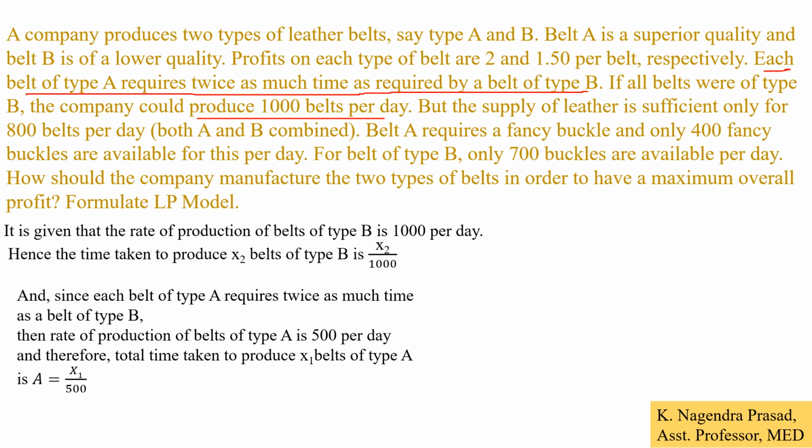Then the constraint on production time is: the available resource is 1 day, and the production times of the variables x1 and x2 are x1 by 500 and x2 by 1000. So x1 by 500 plus x2 by 1000 is less than or equal to 1.